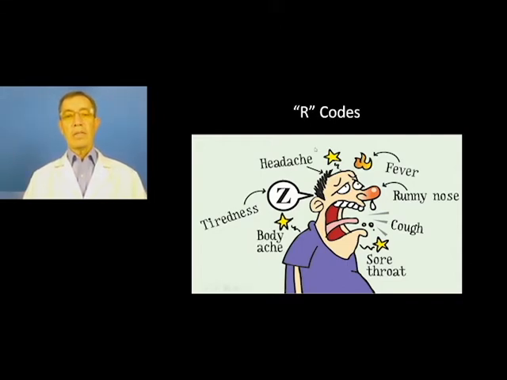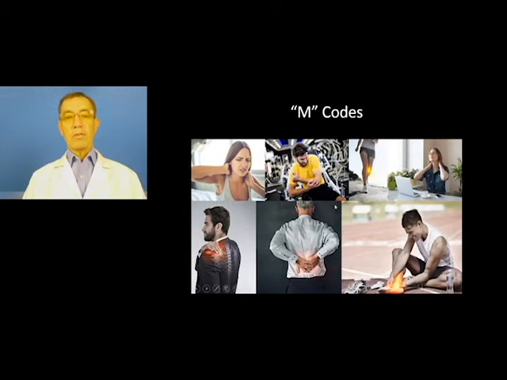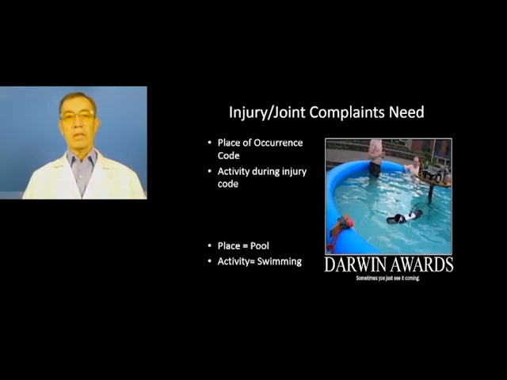A lot of times when we see a patient, we're not exactly sure of the diagnosis, but we can code the symptoms, such as fever, runny nose, cough, sore throat, and R codes are very good. M codes are more for musculoskeletal type things, as opposed to actual diagnosis. With the M code, it comes into being more precise. So R codes are for symptoms, M codes are for musculoskeletal.